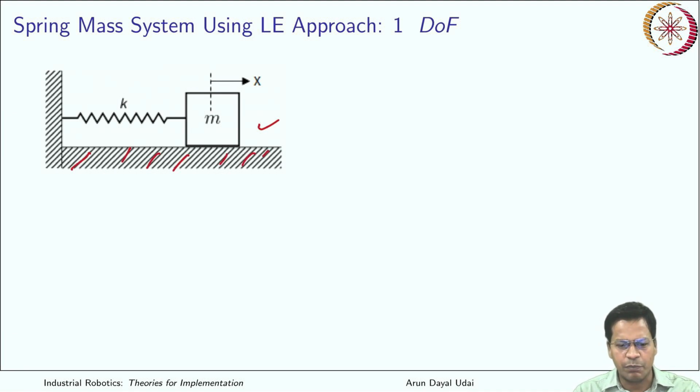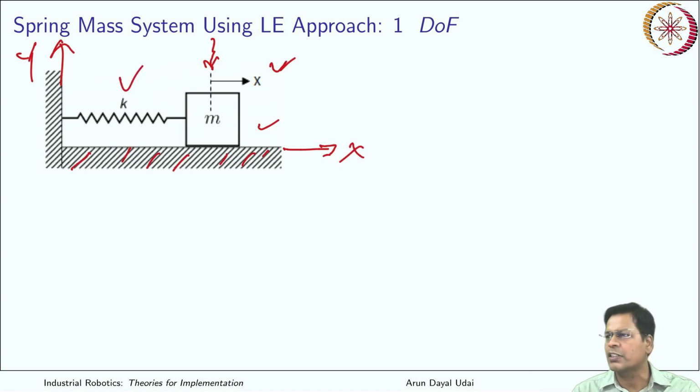The mean position is marked by this dotted line, and this mass is moved by a small displacement x along the x-axis of the coordinate system. Let us say it has no motion along y, it is making perfect contact with the surface, sliding on that. K is the stiffness of the spring which is attaching this block, and it is attached to the wall over here. So this is how it is defined.